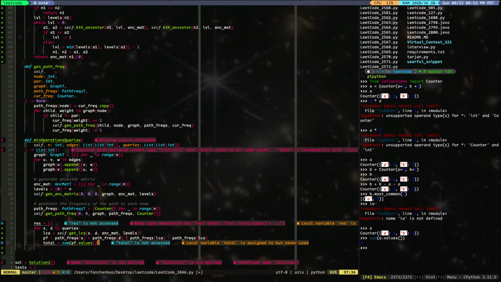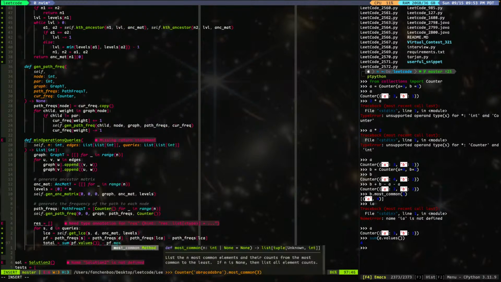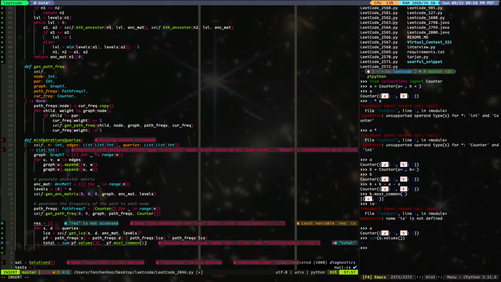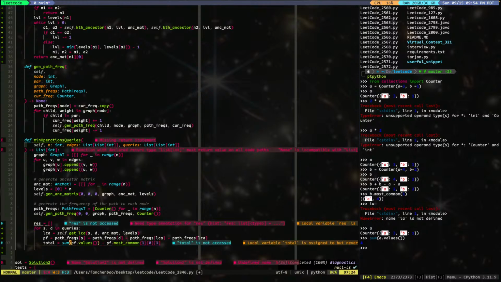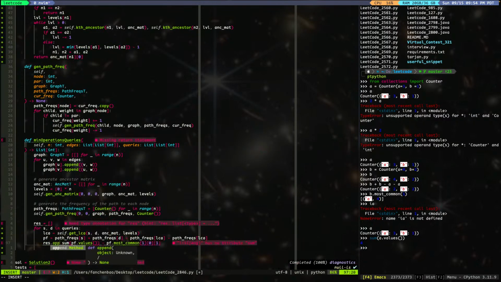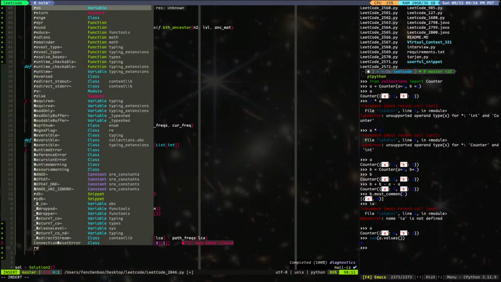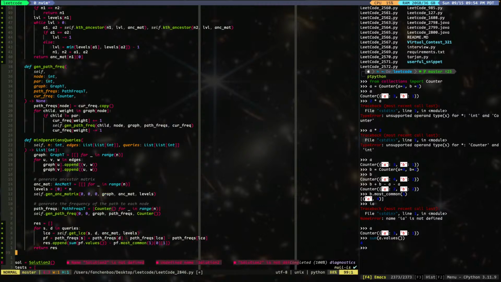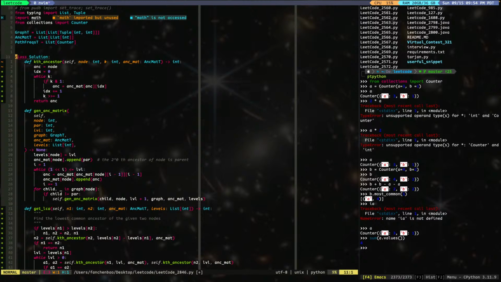So basically this minus pf dot most common 1, we do 0 and 1. So that is the answer. Dot append. And I'll return rest. Oof. Yeah, I'll give this a shot.